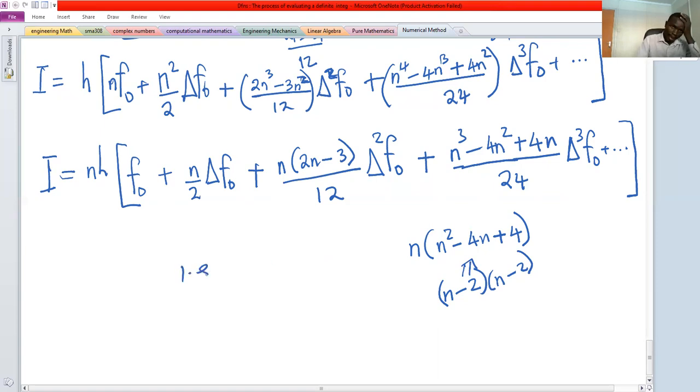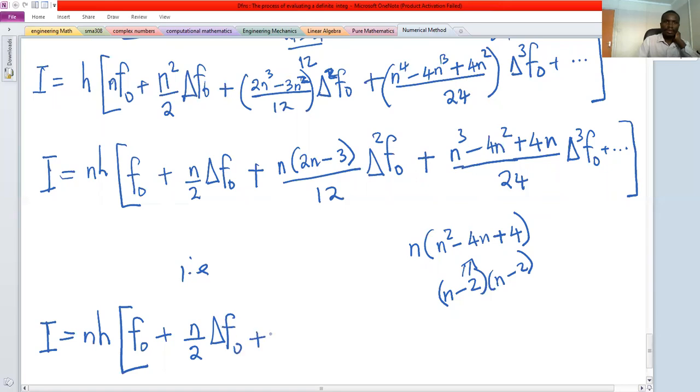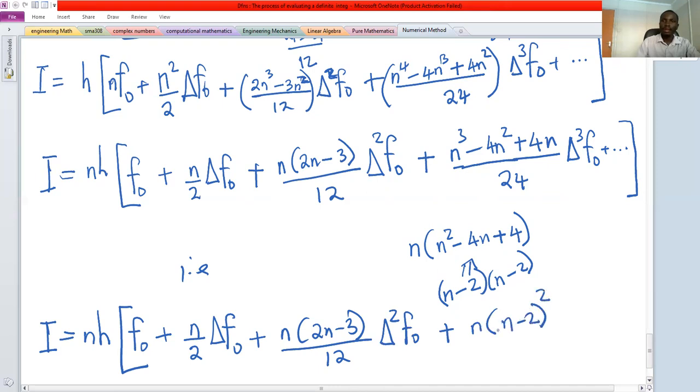So, i.e., the integral I is nh into f naught plus n over 2 forward f naught plus n into 2n minus 3 divided by 12 second forward of f naught plus, now here I factor out n, and then this is n minus 2 squared divided by 24, and then this is the third forward of f naught plus other terms.